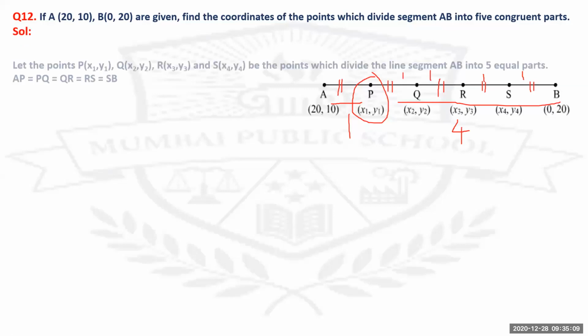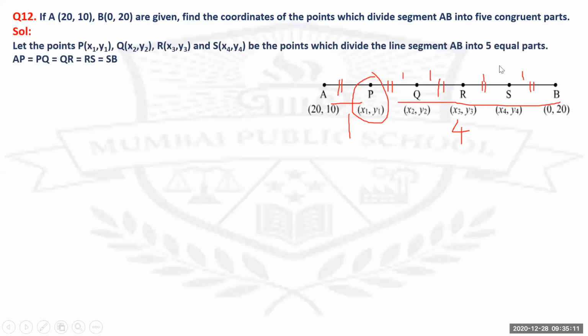So let points P (x1, y1), Q (x2, y2), R (x3, y3) and S (x4, y4) be the points which divide line segment AB into 5 equal parts. So AP equals PQ equals QR equals RS equals SB.